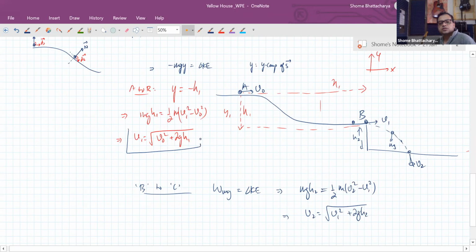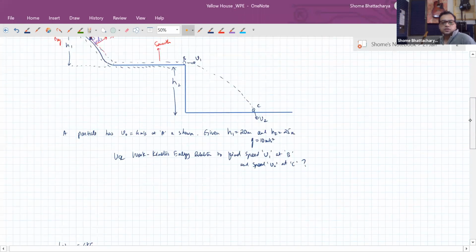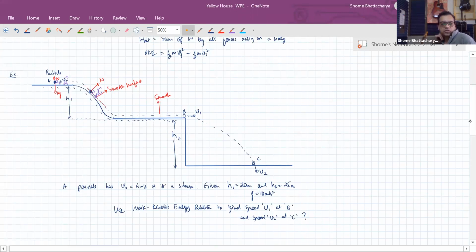And you can use this first relation over here, so you will also get that v2 is square root of v0 square plus 2g(h1 plus h2). So you can use this also. After doing all that, you will get v1 as square root of, so v0 was 4 meters per second and h1 was 20.